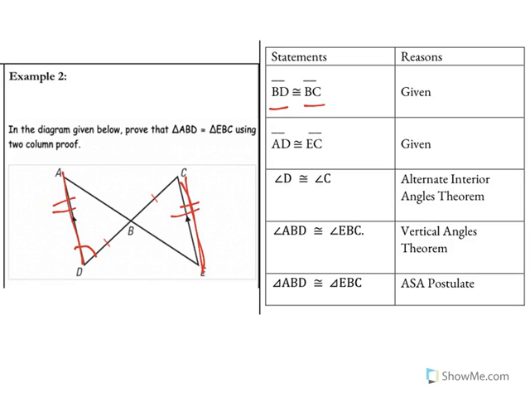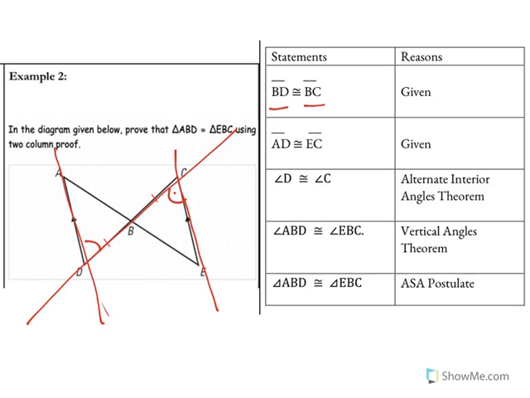Angle D is congruent to angle C based on alternate interior angles. Because these are two parallel lines and this is a transversal. So think about it. These are alternate interior angles. Let me show that a little more clearly without so much writing. So if this is the parallel lines, this is your transversal.